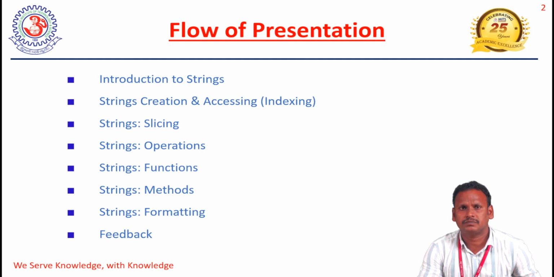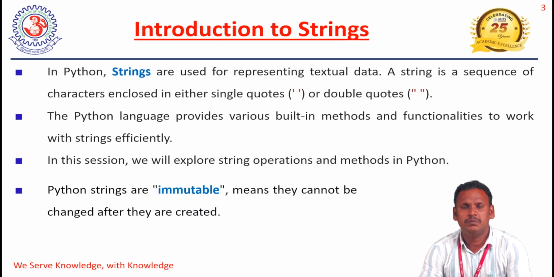Next. So what do you mean by string? A string is nothing but a collection of characters, or a sequence of characters. You can create strings by using single quotes or double quotes. Within the single quotes or double quotes, we can write the strings.